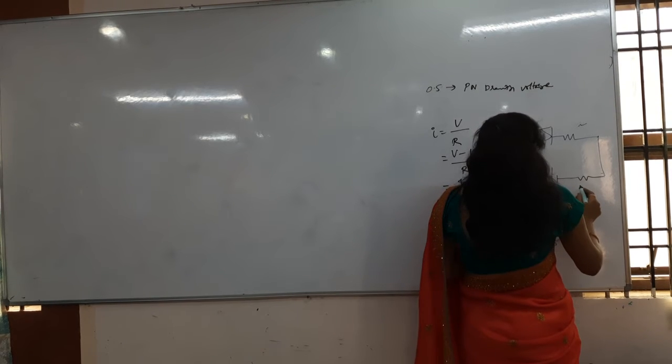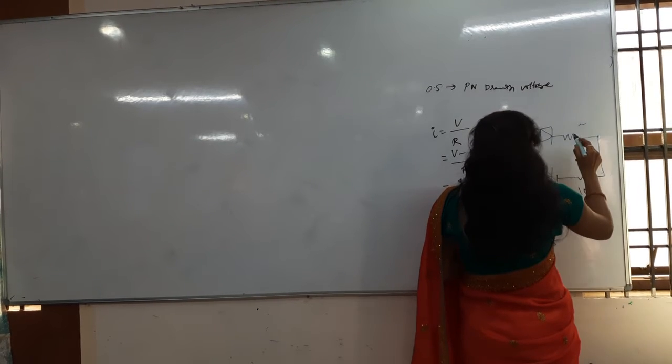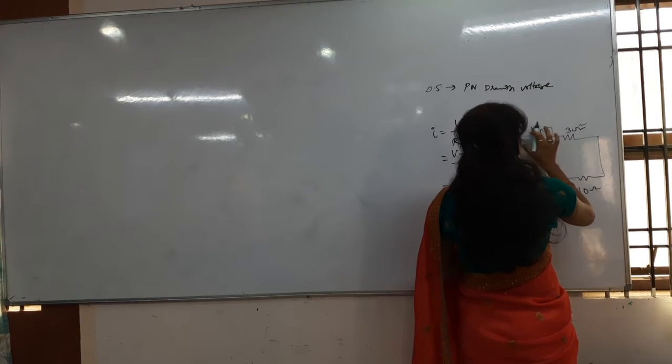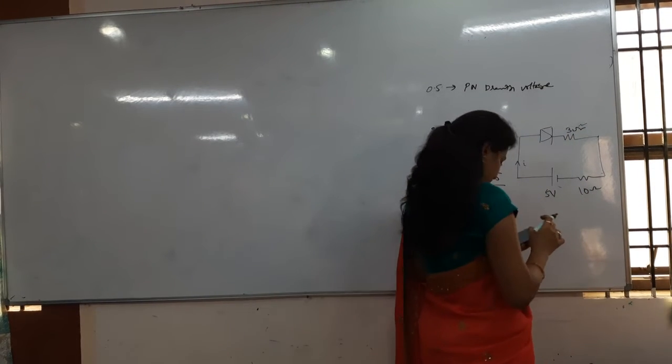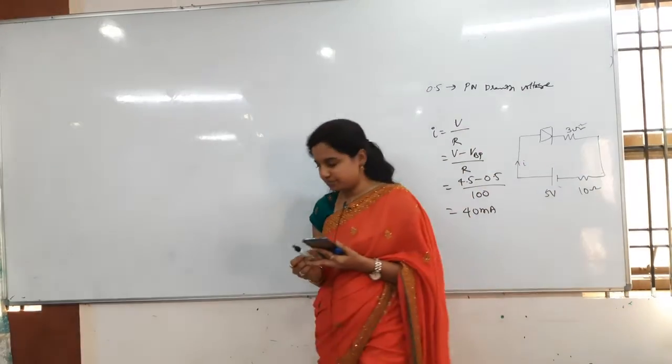Five volts battery. Find the resistance of PN junction.